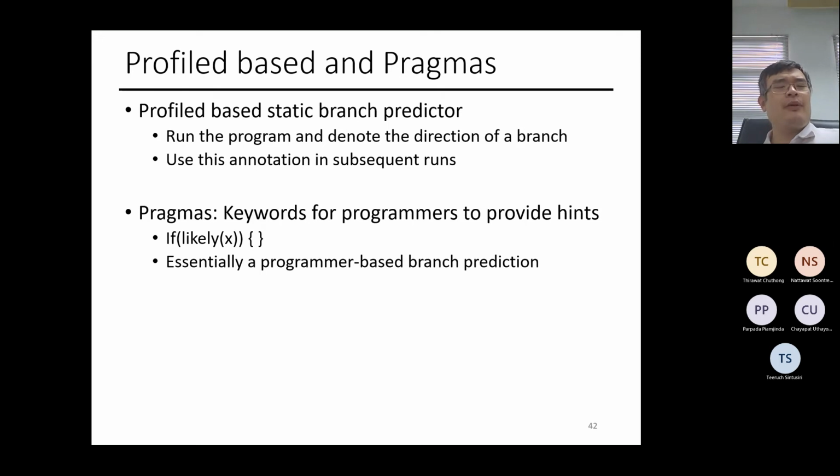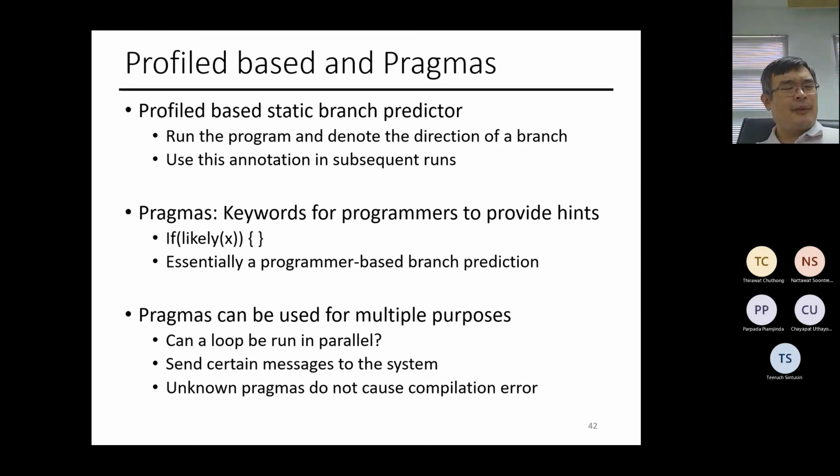Pragma is a keyword for the programmer that can provide hints. For example, if likely X, it means the programmer is saying that, hey, that branch is likely taken. It can be used for multiple purposes, including using OpenMP to run things in parallel. You can send a message to the system, and if it's unknown, it doesn't cause a compilation error, it just does nothing. So that's the beauty of pragma.